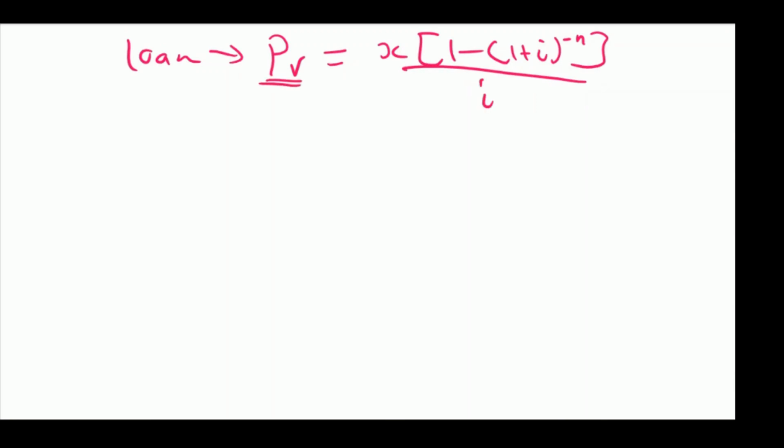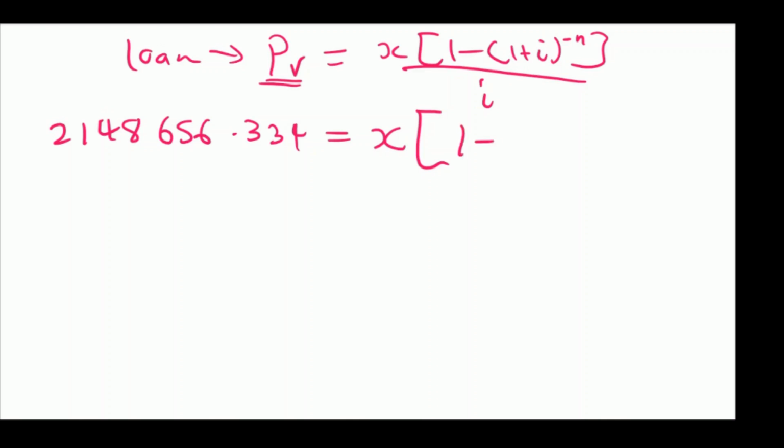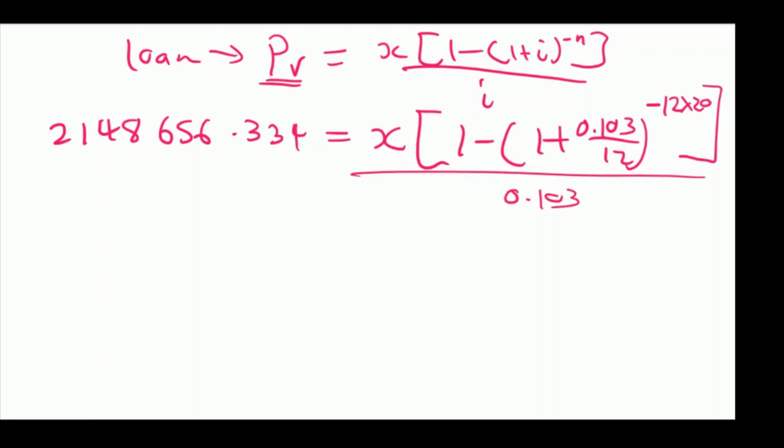Our PV is the loan, which is going to be 2,148,656.334 equals, we want to find the monthly repayment, so it's x into 1 minus (1 plus 0.103 over 12) to the power of minus 12 times 20 years. Remember that the loan was for 10.3% compounded monthly. The loan was given for a period of 20 years. Divide by 0.103 over 12.